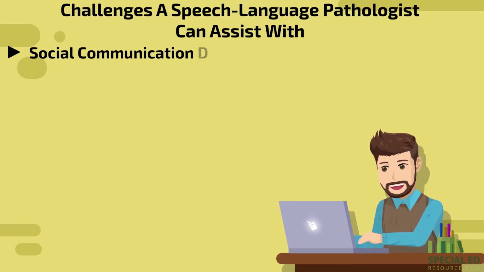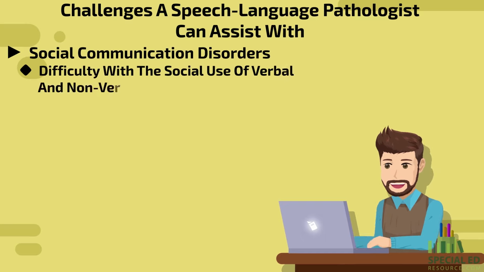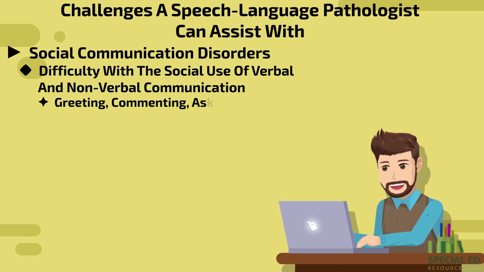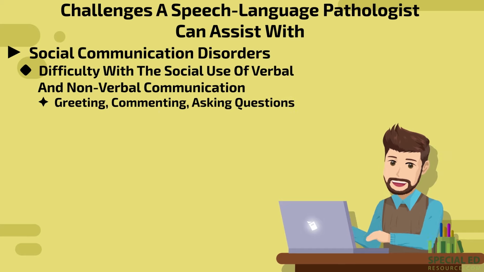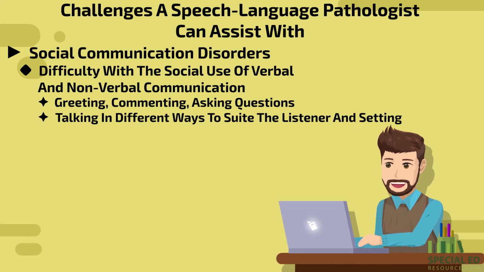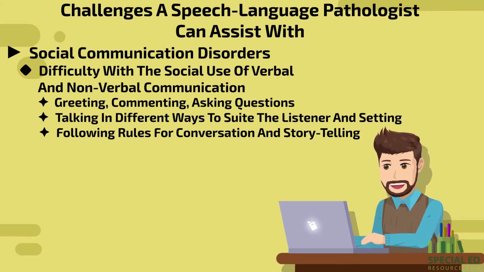Social communication disorders. Now, those are defined as difficulty with the social use of verbal and nonverbal communication, such as greeting or commenting or asking questions, or talking in different ways to suit the listener and setting. Following rules for conversation and storytelling.